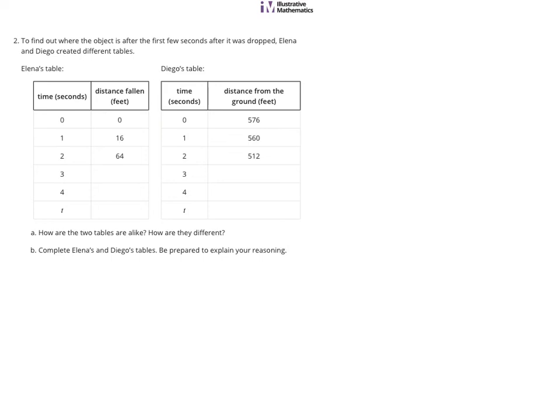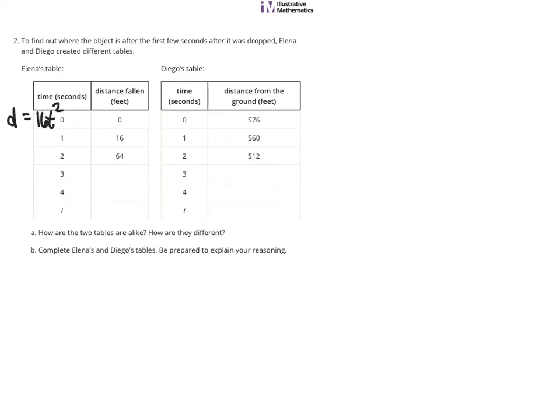It looks like Alina's table mirrors what we did in the warm-up. Okay, she seems to be using d equals 16t squared. And it looks to me like Diego is going backwards.